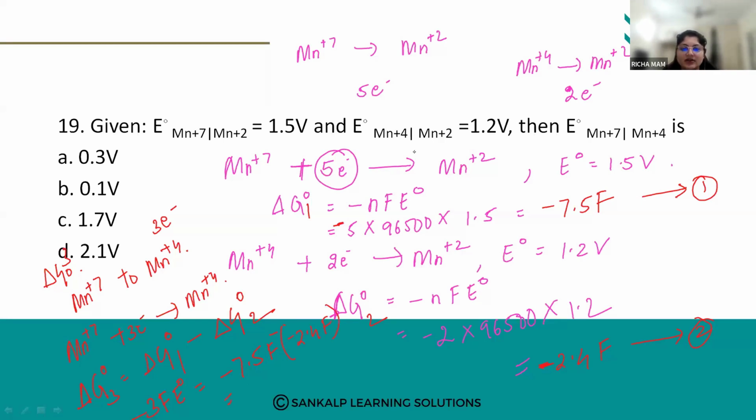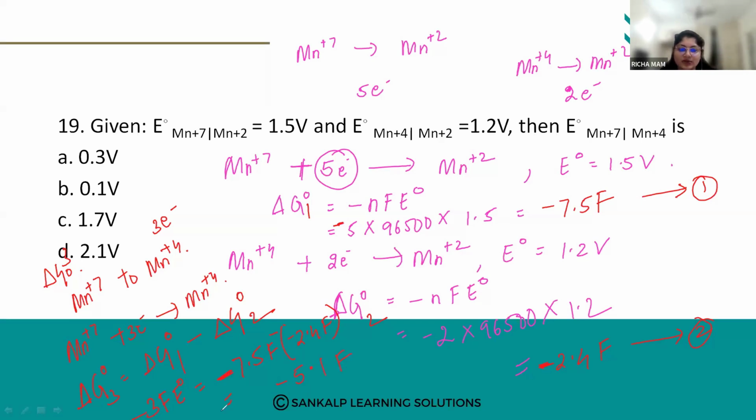Anil Rathod has got it as C. So minus 7.5 and plus 2.4, this will be minus 5.1 Faraday.